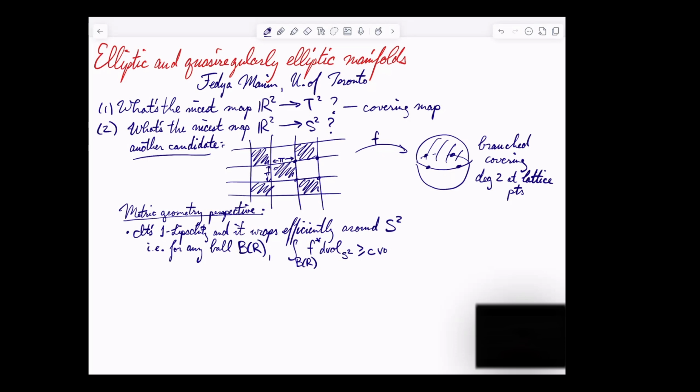It's proportional to the volume of the ball. In other words, it's at least a constant times r squared. So in this zoomed out sense, it looks like a covering map.